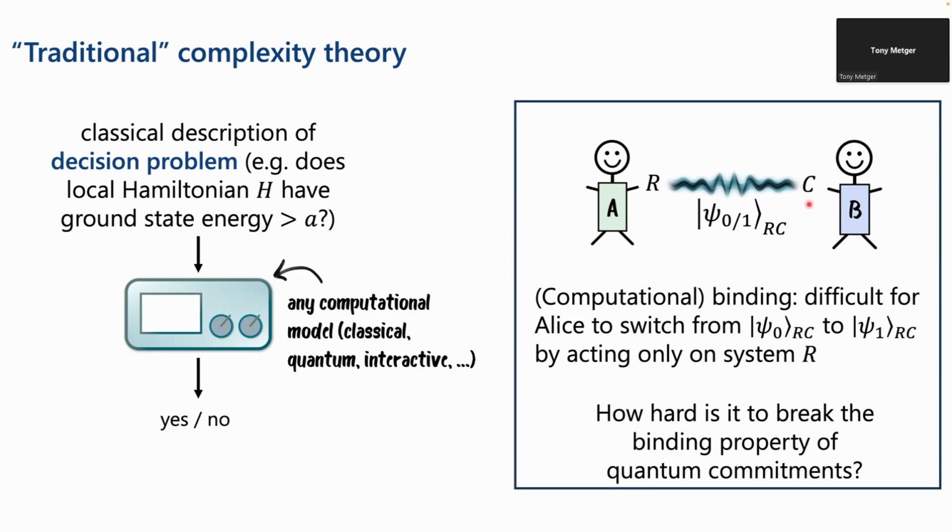That would correspond to changing the bit that she committed to. And crypto is based on computational hardness, right? The whole idea here is this should be difficult to do. But again, there's no connection to traditional complexity because we can't even phrase this question of mapping the states to each other in this decision language framework.